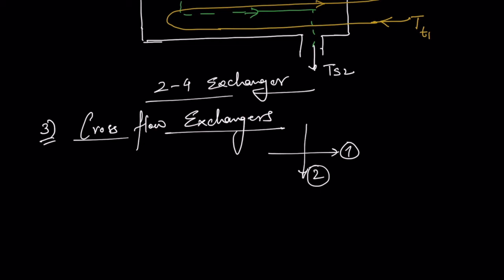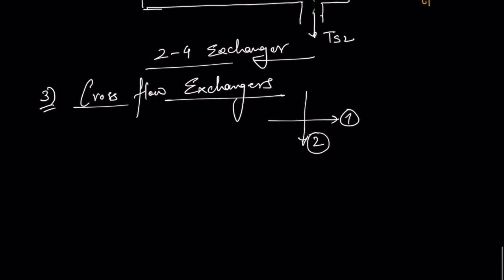So two different arrangements of this type of exchanger can be seen. In the first type of arrangement, each of the fluids is unmixed as it flows through the exchanger.